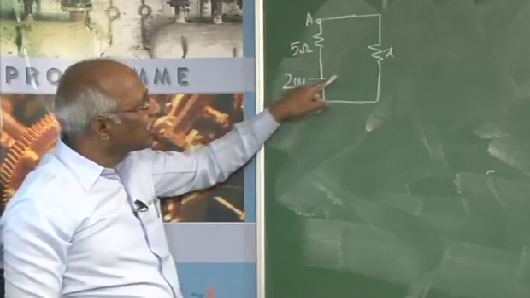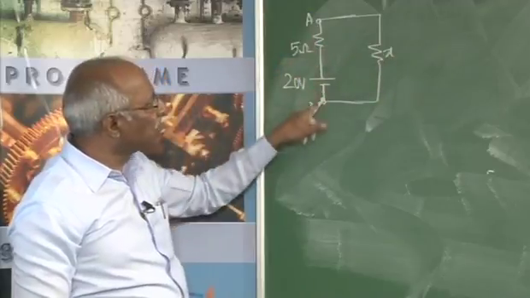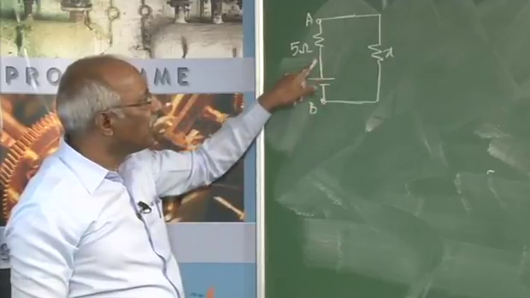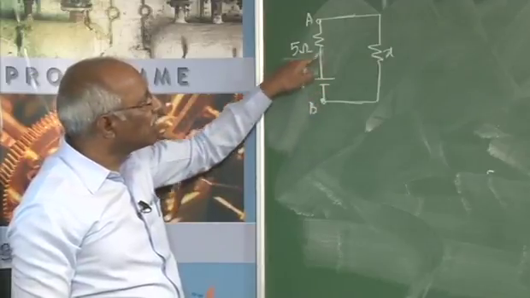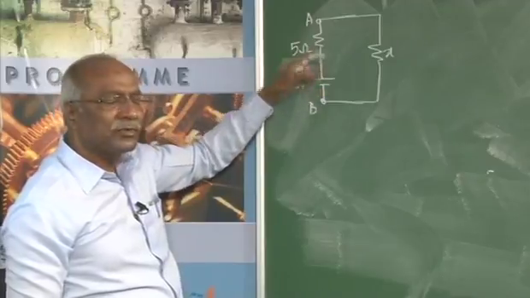In that case, when you are connecting the external resistance, it is always between A and B only, unless it is an ideal source. If it is an ideal source, this point can be coming here, or you can assume the resistance to be 0.